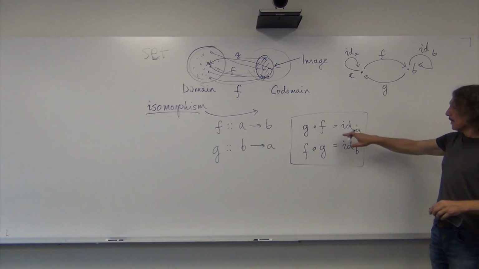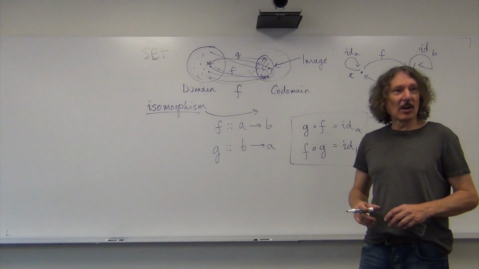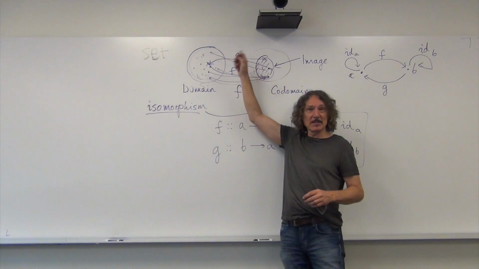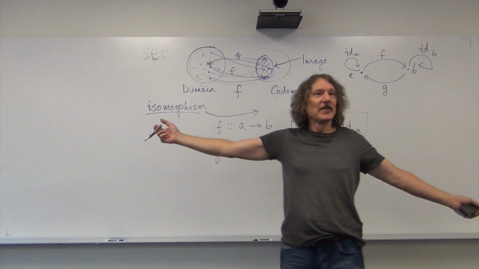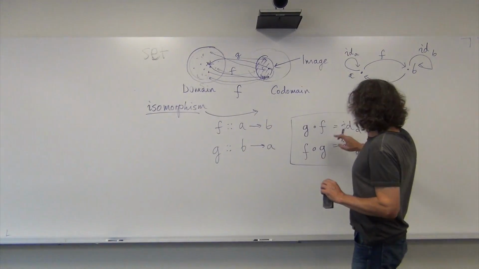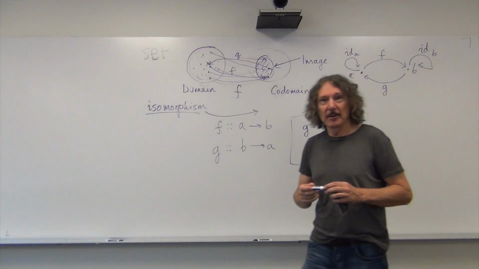Okay? And I have written this in categorical language. I'm not talking anymore about elements. Right? Here I was talking about elements of sets. I don't need to. Okay? Now I can go back to category and say, this is a definition of isomorphism in any category.